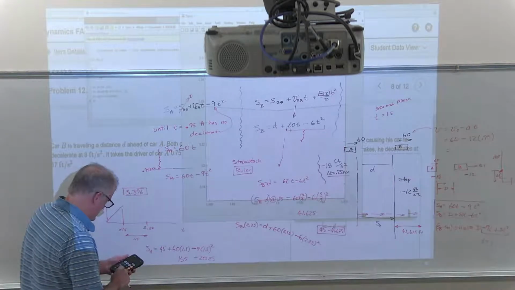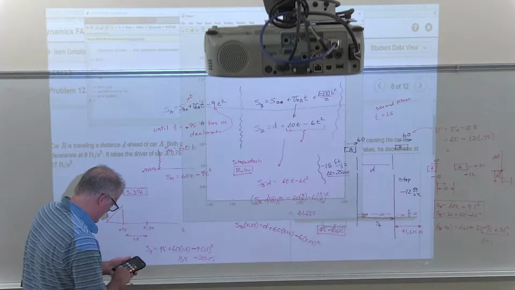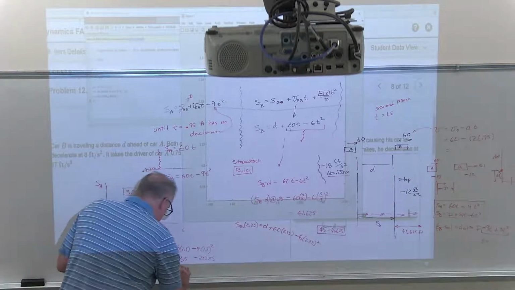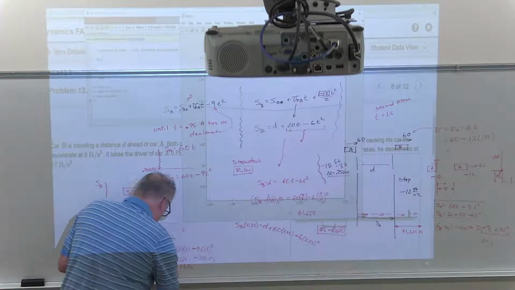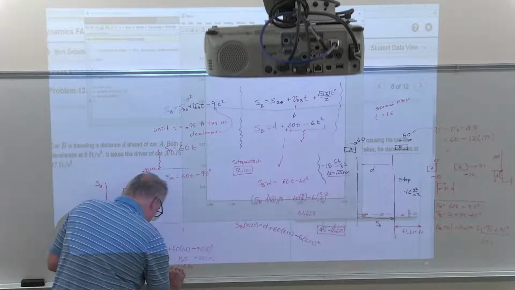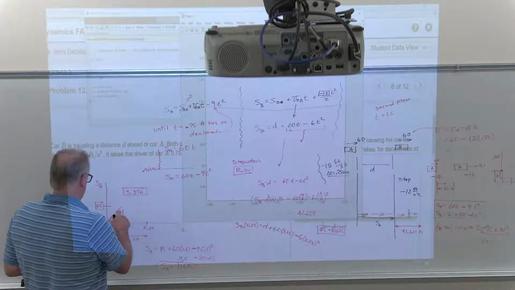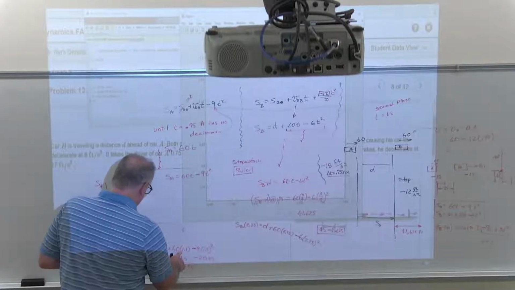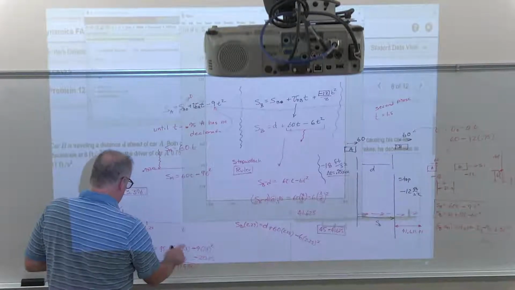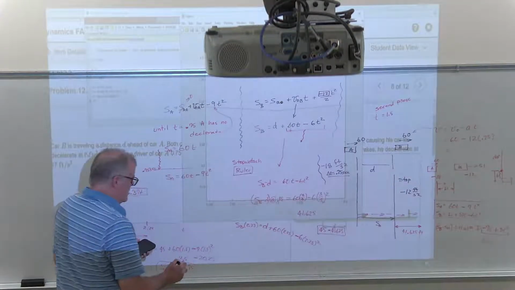Minus 20.25. So he's moved 114.75. So during that period, he went with no deceleration, moved 45 feet, then hit the deceleration. When he hit that deceleration, during that period, it's 1.5 seconds. Then he got to 114.